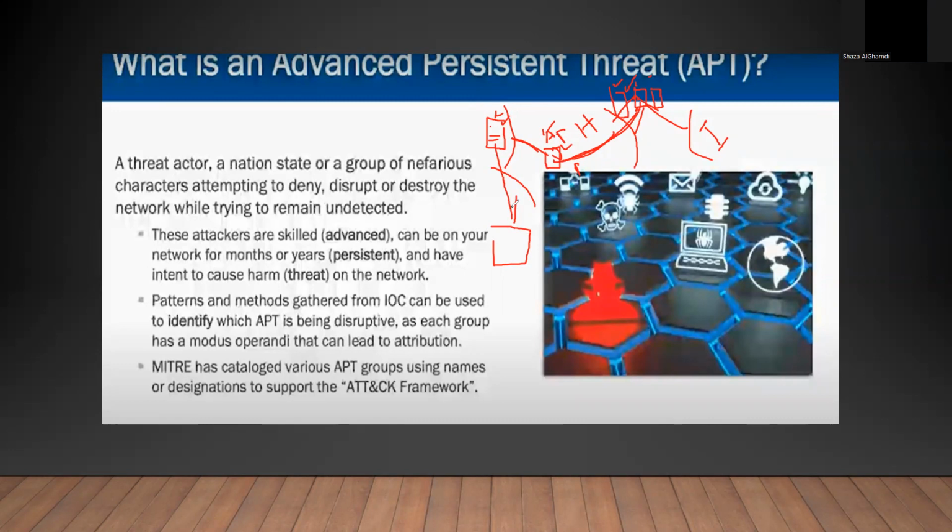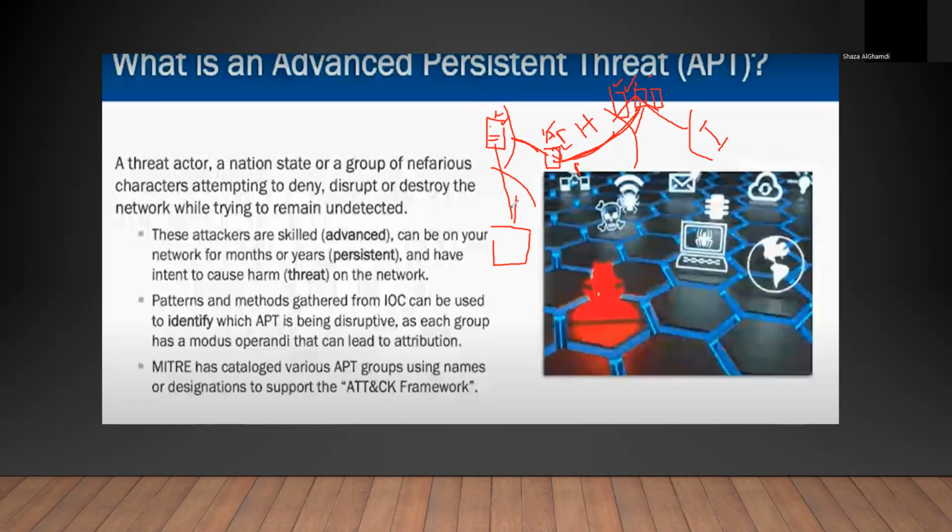And again, APT is one of these groups that go slow and low. I explained this one. They go as sleeping attacks. Sleeping attacks mean what? They compromise the system and they do minimum disruption, minimum activity, and they don't mind staying months and months within a system until they compromise the second system.